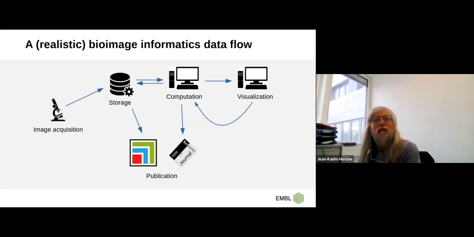Obviously, at the end, you want to publish all this, so you would publish some description of your project in a journal, but the data, especially the images, would be released to a repository like the BioImage Archive, for example. So this is a lot more data movement in a way, and a lot more opportunities for things to go wrong.